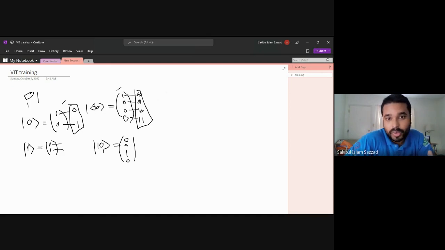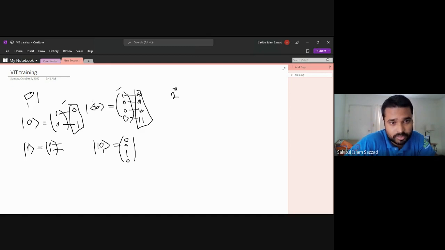And as the number of qubits or classical bits increases, the number of rows also increases with 2 to the power n. N means the number of qubits.